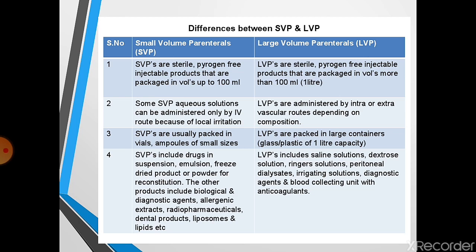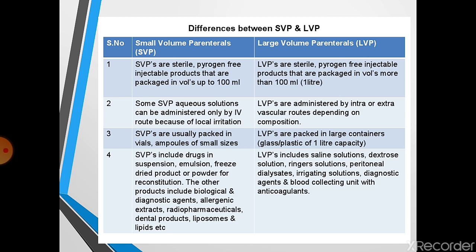Large volume parenterals are packed in large containers such as plastic and glass containers of 1 liter capacity, whereas small volume parenterals are usually packed in vials and ampoules of small sizes.